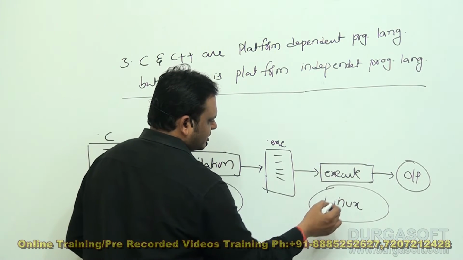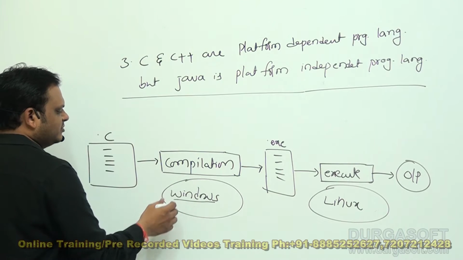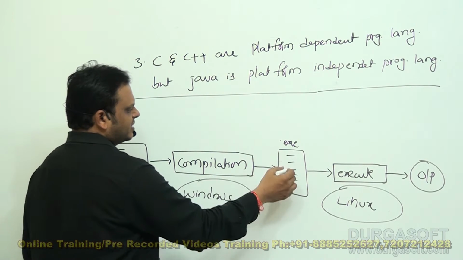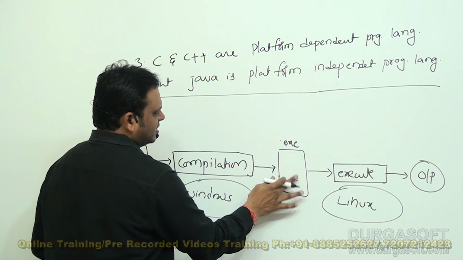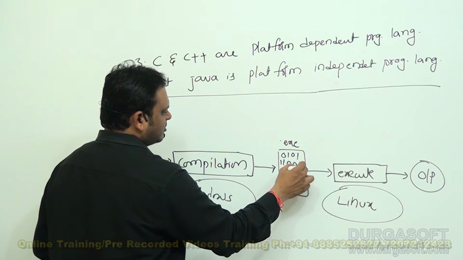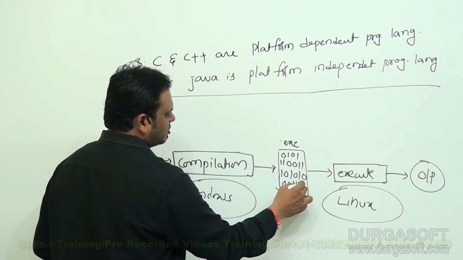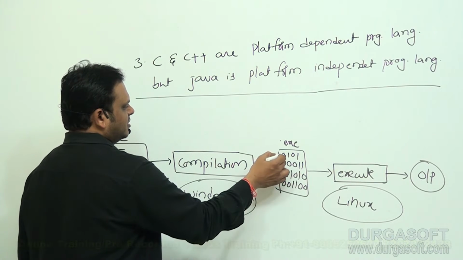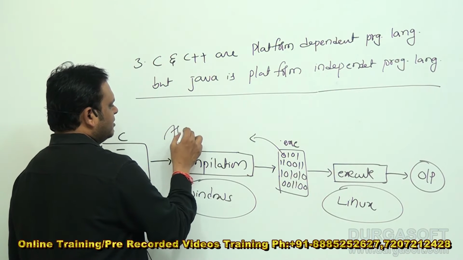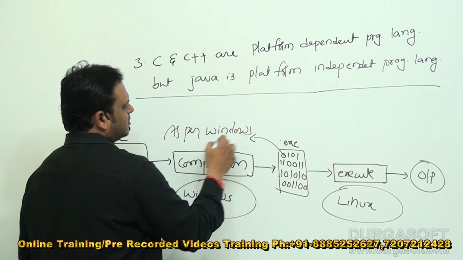If I compile this C program on Windows operating system, automatically a .exe file is generated. This .exe file contains directly executable code, zeros and ones only.